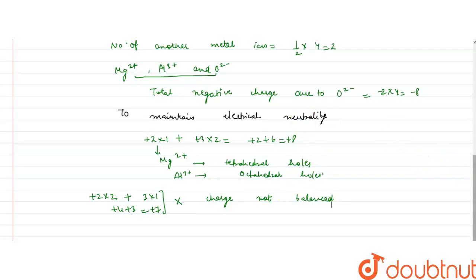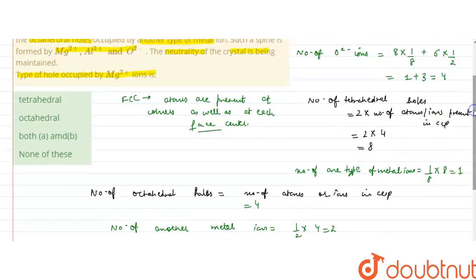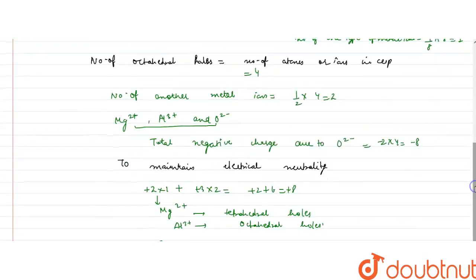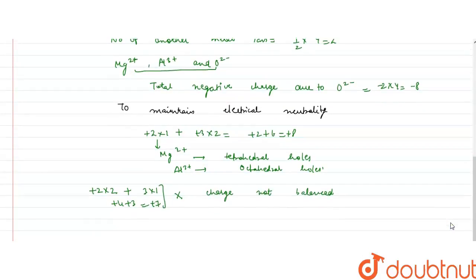So the ions which occupy the tetrahedral holes are the Mg2+ ions, because they completely neutralize the negative charge when 1 Mg2+ and 2 aluminium 3+ are present.